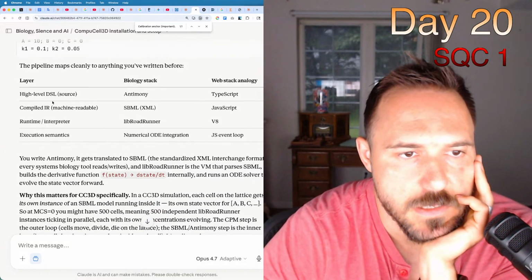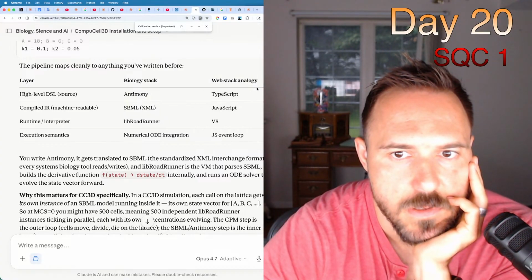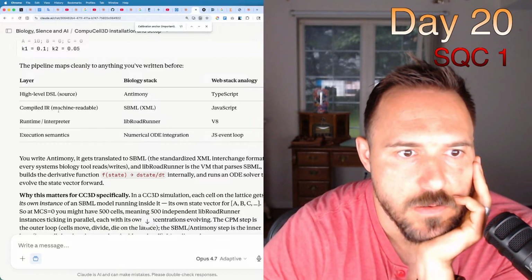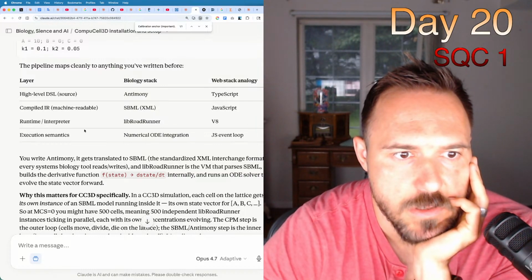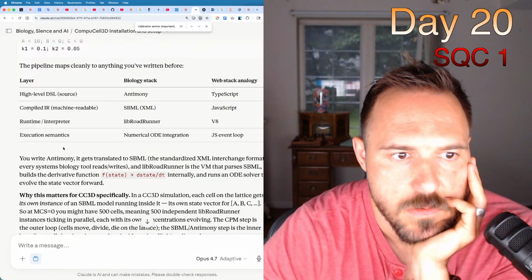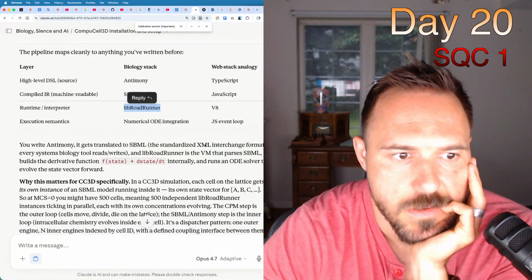High-level DSL: Antimony. Compiler, machine readable: SBML. Runtime interpreter: libRoadRunner.